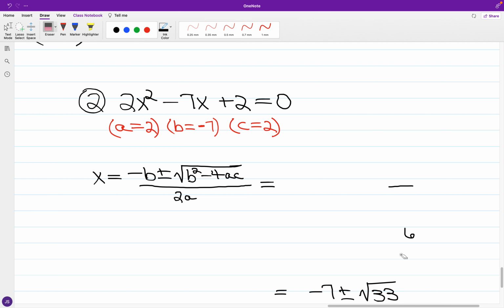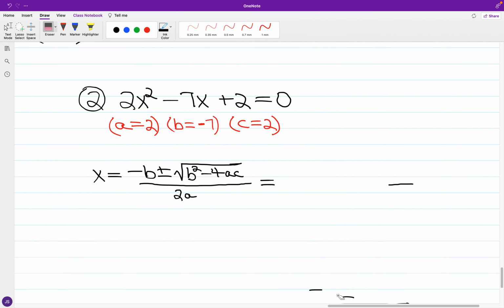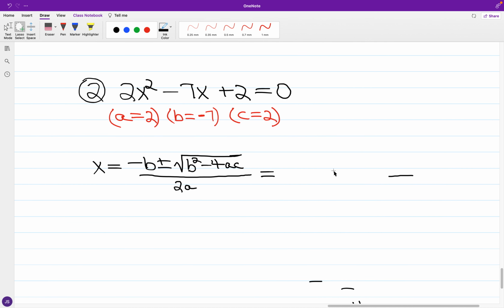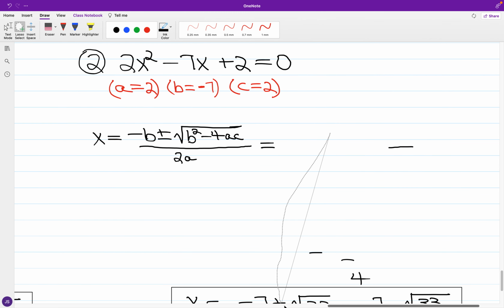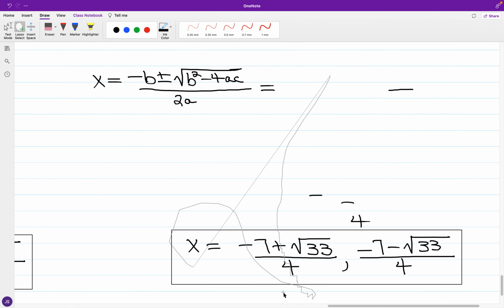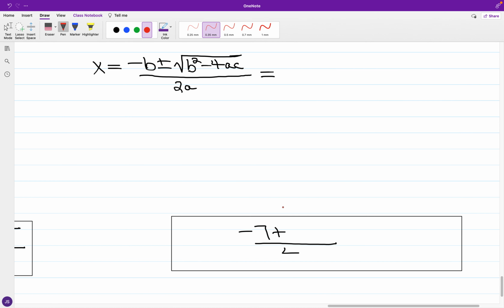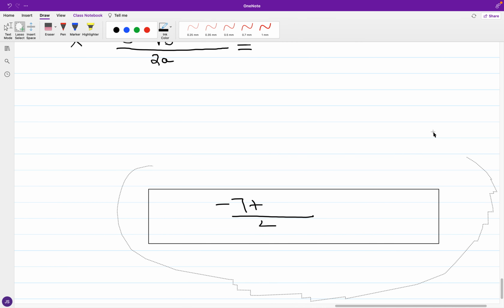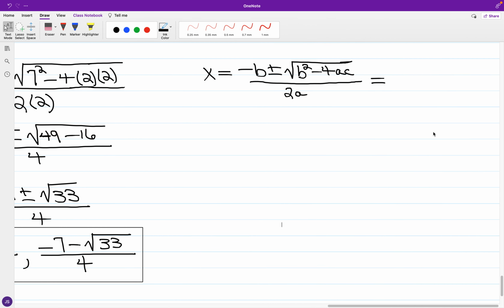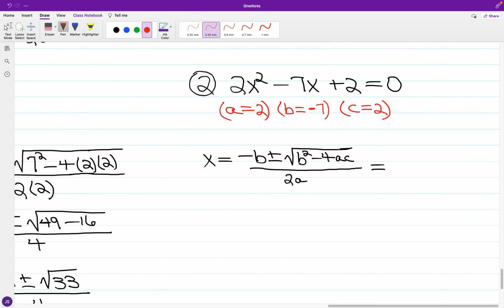So just filling in what we have now, we got a at 2, b at negative 7, and c at 2.